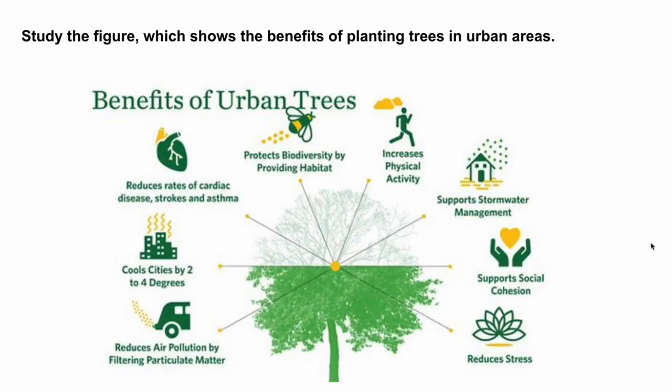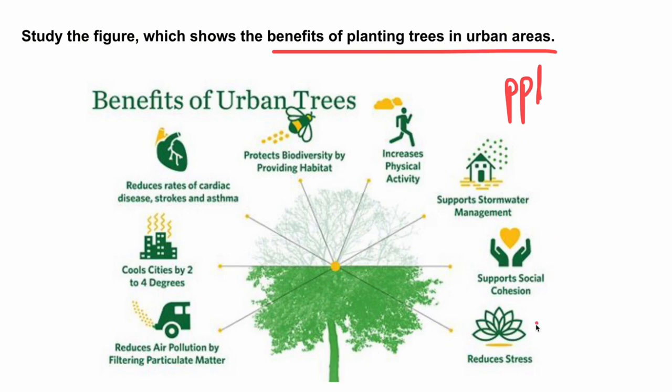Moving on to this. So the figure shows you the benefits of planting trees in urban areas. And let's say the question focuses on explain the benefits of urban trees to people. So I only want to focus my attention on how do people benefit from it. If you look at all these examples here, it is not clear that people benefit from it.